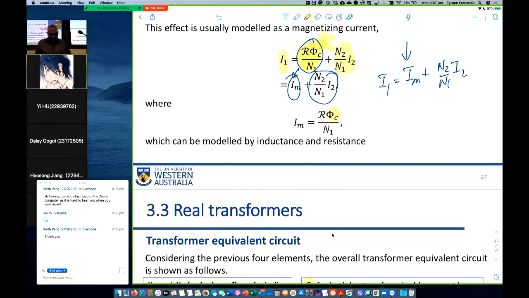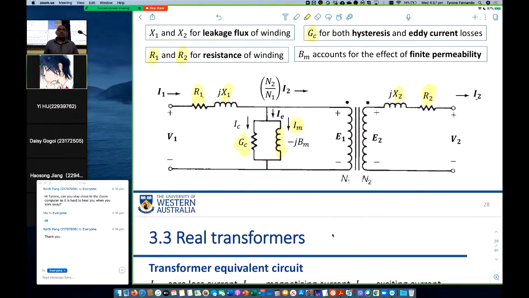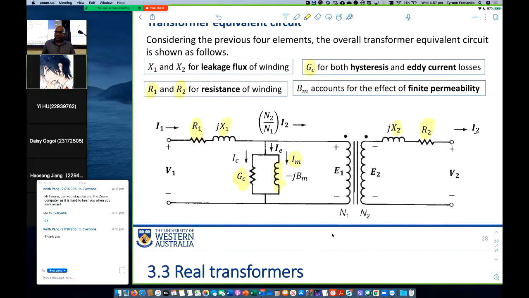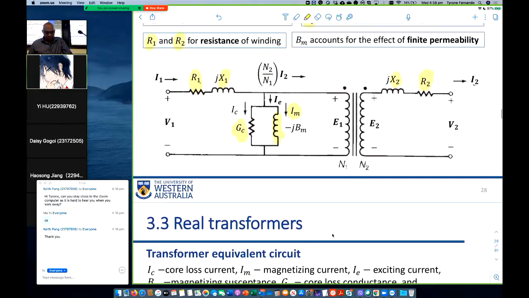So we have this model for a transformer now. We have reactances X1 and X2, and winding resistances R1 and R2. We have core losses represented by the parameter GC, a resistor value in the shunt, and magnetizing current represented by an inductor which has value BM. So that's the equivalent circuit for a non-ideal transformer.